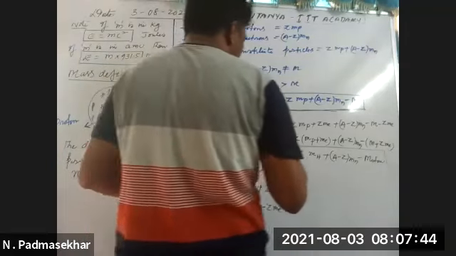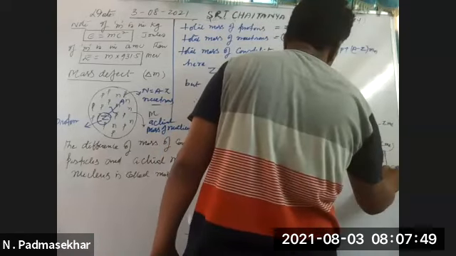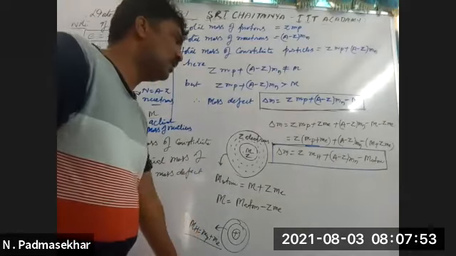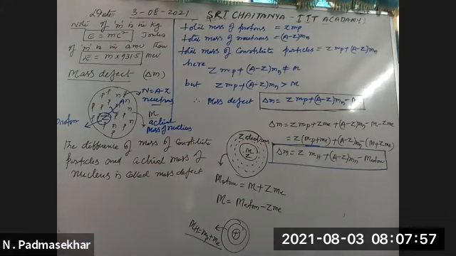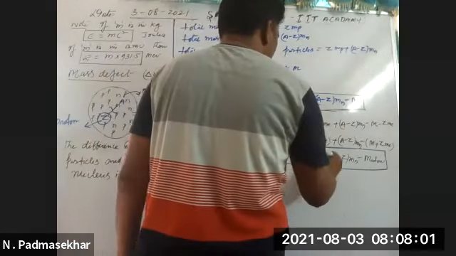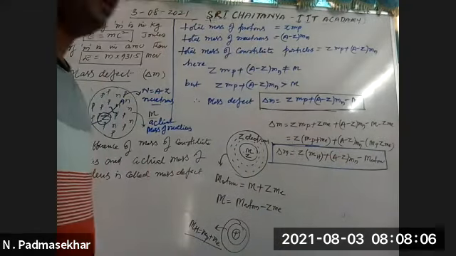The mass defect in terms of the mass of the atom is delta M is equal to ZMH, the mass of the hydrogen atom, plus A minus ZMN minus the mass of the atom.